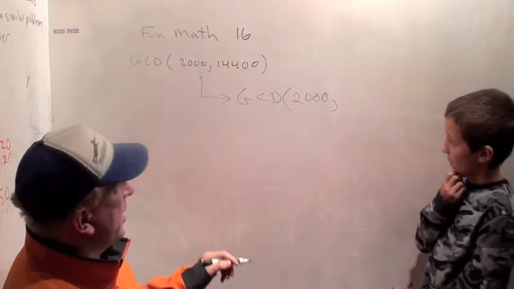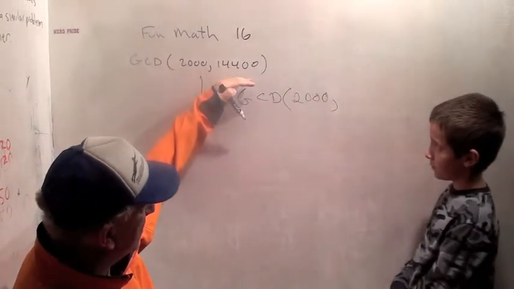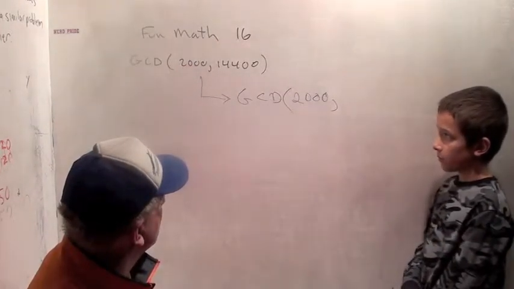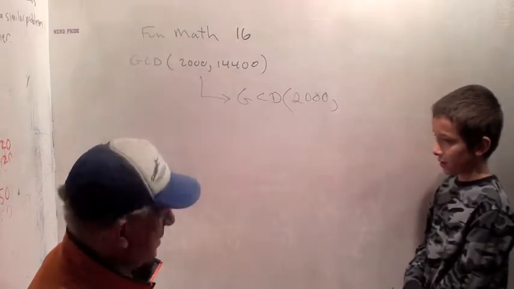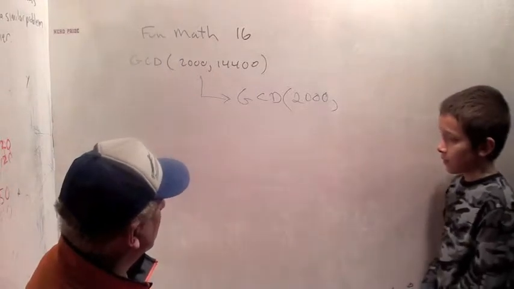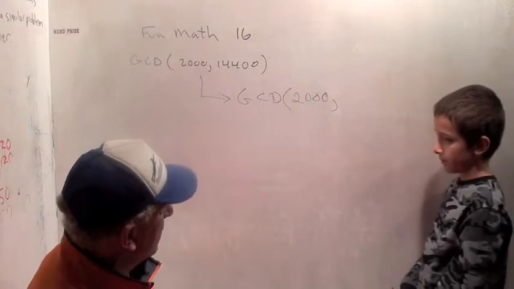And then we have to subtract as many 2,000s away from 14,400 as we can and just leave whatever is left. Well, 2,000 times 7 is 14,000. And what is 14,400 minus 14,000? It's 400.